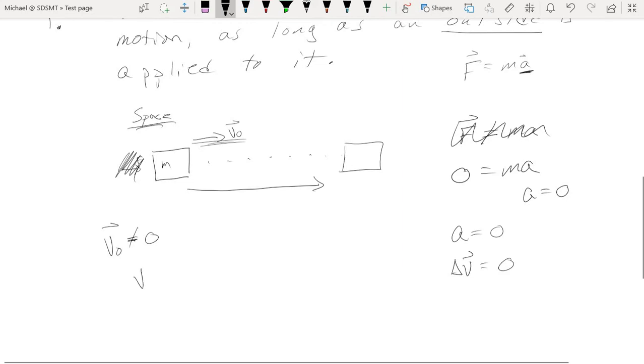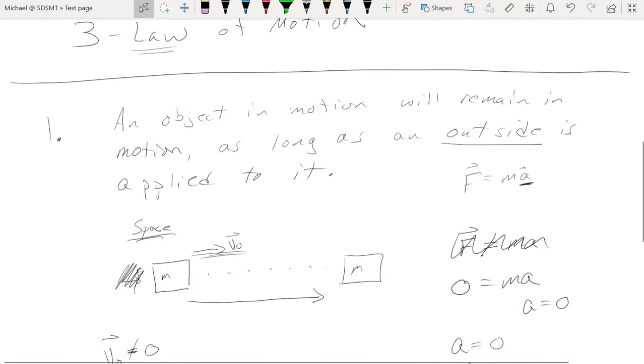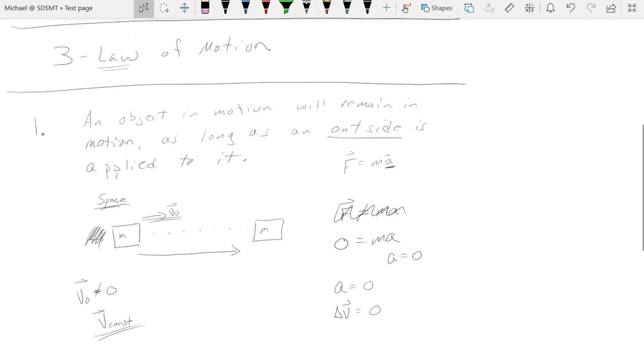This means that I have a constant velocity, and as long as this mass does not encounter any additional outside forces, it will continue to travel forever and ever at that constant velocity. And so Newton said, well, we have to rewrite this. We have to update this for the correct situation. So that's what we're going to do.